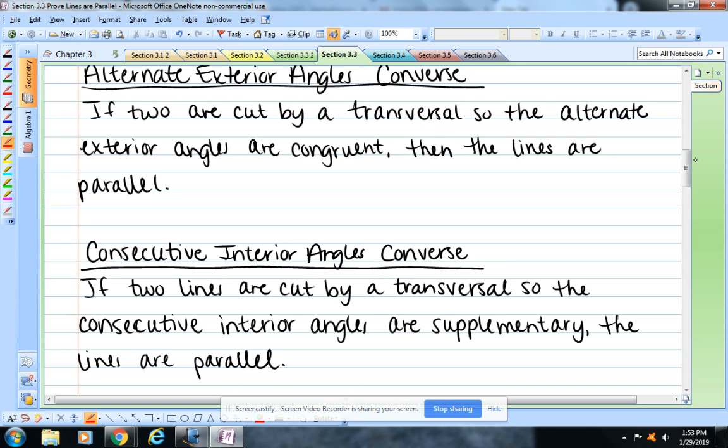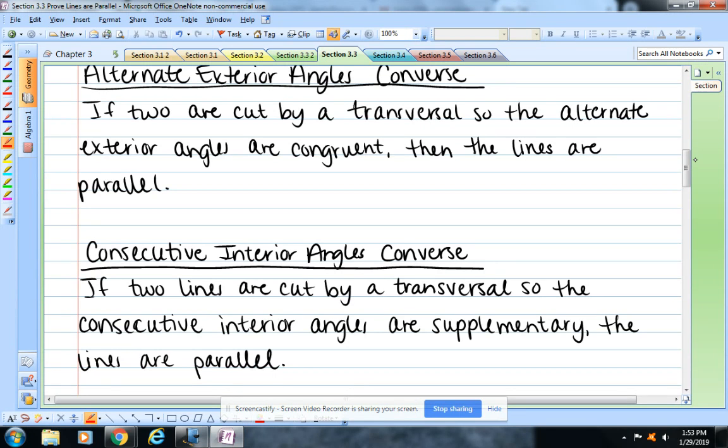So you should have corresponding angles about a third of the way down on the front, and then the converse theorem for alternate interior, alternate exterior, and consecutive interior on the back. Okay? So those are four converse theorems. We learned the original postulates and theorems yesterday. Today we're doing the converse.